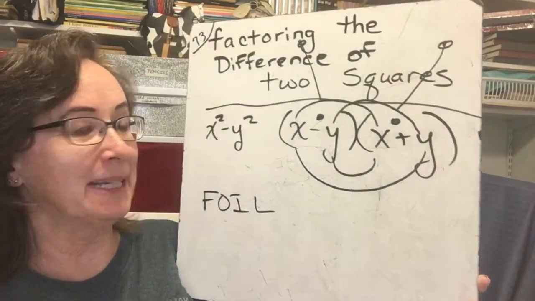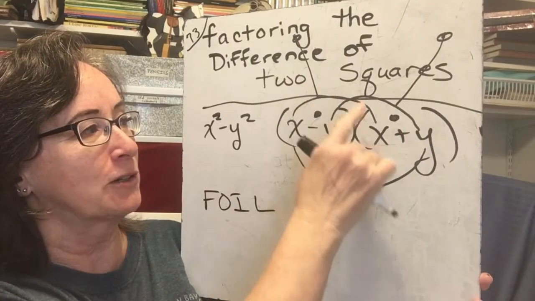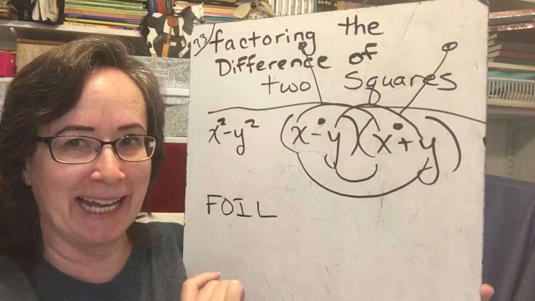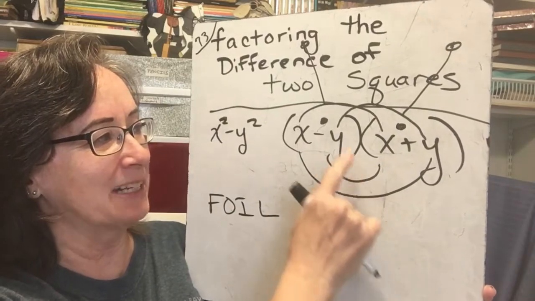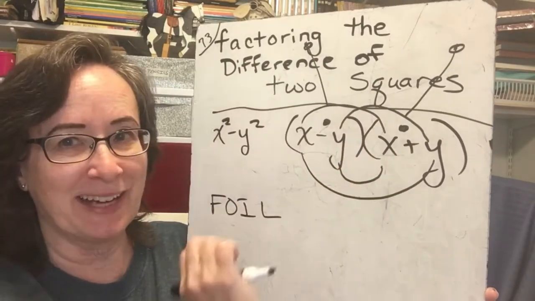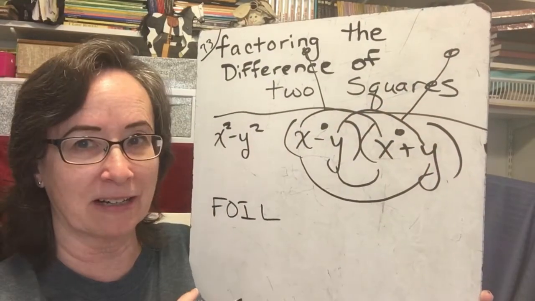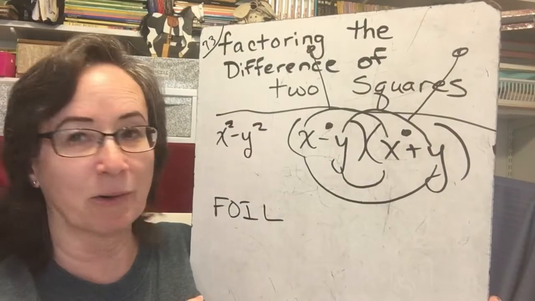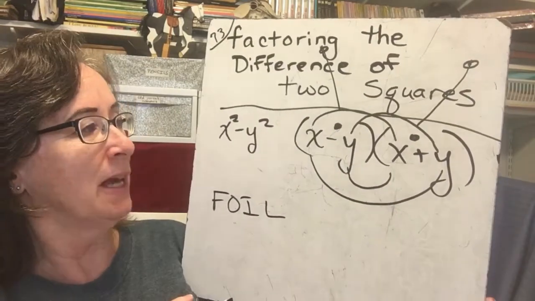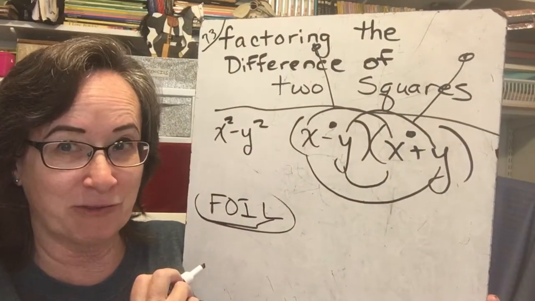Okay, so anytime you're thinking about foiling, you can remember the first makes an eyebrow, the outside makes his chin, the inside is right here by his nose, and it makes a smiley face, and then the last is his other eyebrow or cranium or something, whatever that is on the alien. Okay, so that's just a fun way to remember how to FOIL.